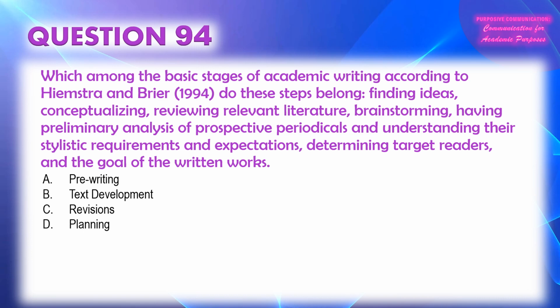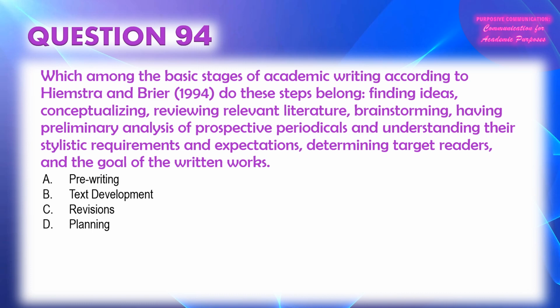Question 94. Which among the basic stages of academic writing according to Heimstra and Breyer 1994 do these steps belong? Finding ideas, conceptualizing, reviewing relevant literature, brainstorming, having preliminary analysis of prospective periodicals, and understanding their stylistic requirements and expectations, determining target readers and the goal of the written works.